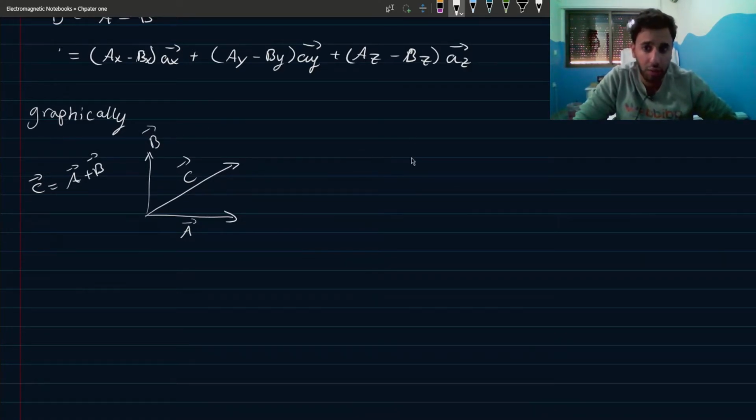However, how will we do D, which is equal to A minus B?